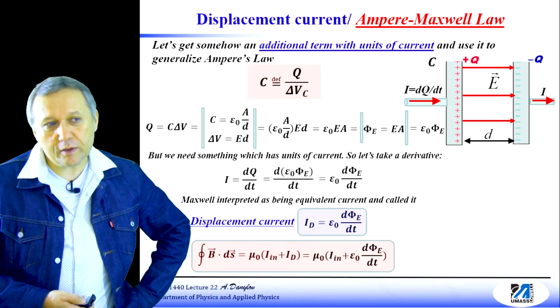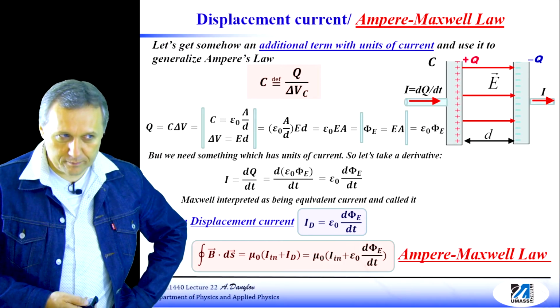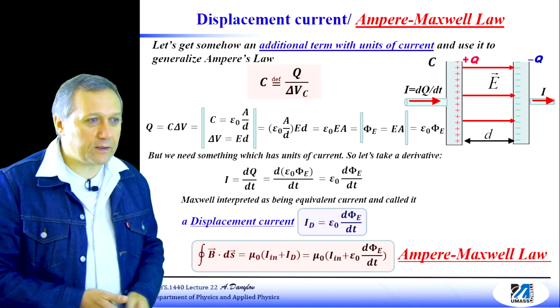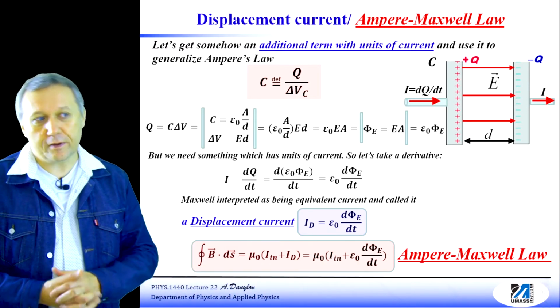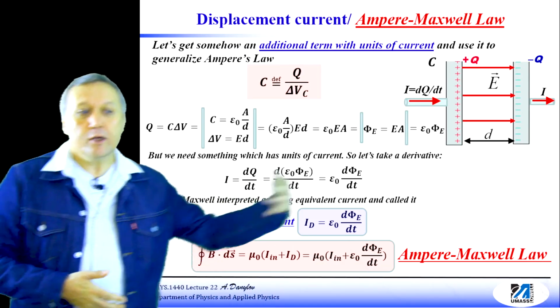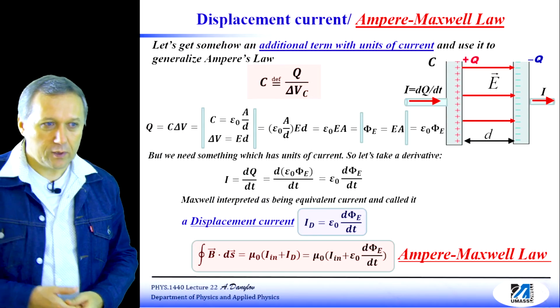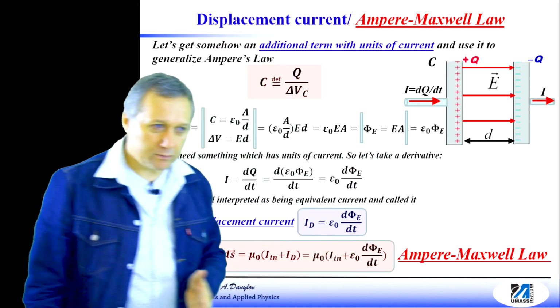So now it's no longer just Ampere's law, it's the Ampere-Maxwell law. If you in the future find another example where this law fails to work, then your name will be added. I don't know, Ampere-Maxwell-Smith law.